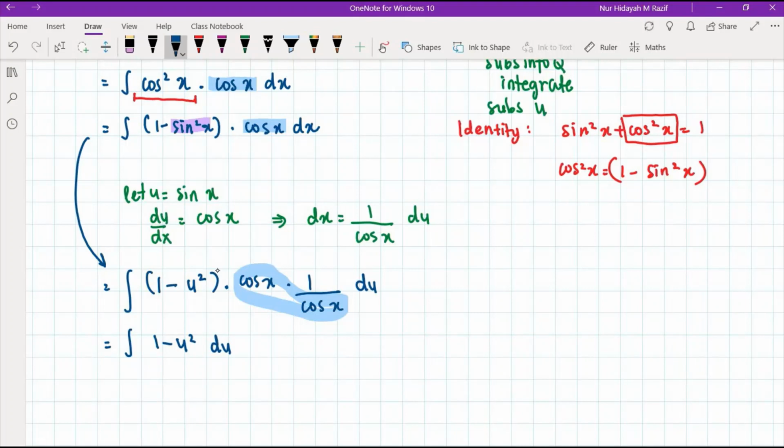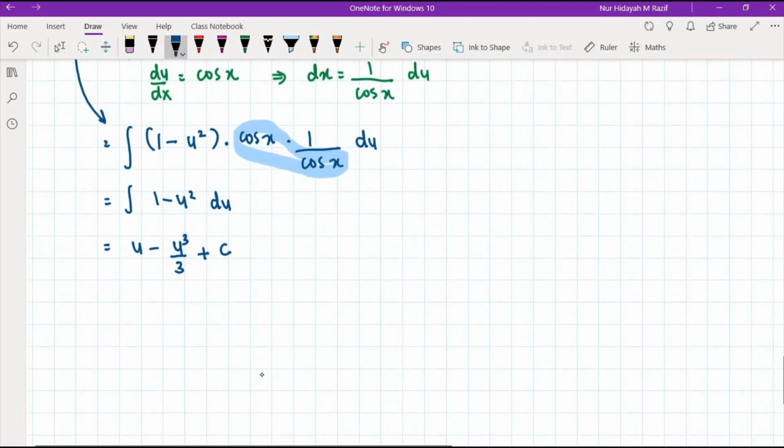So do we know how to integrate this? Yes. Integrating 1 with respect to u will give you u, minus integrating u square will give you u cube over 3, plus c. Don't forget to substitute back your u. I chose u as sine x just now, so this will become sine x minus sine x cube over 3 plus c.